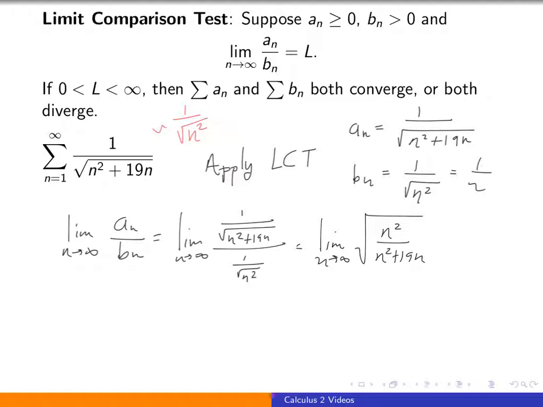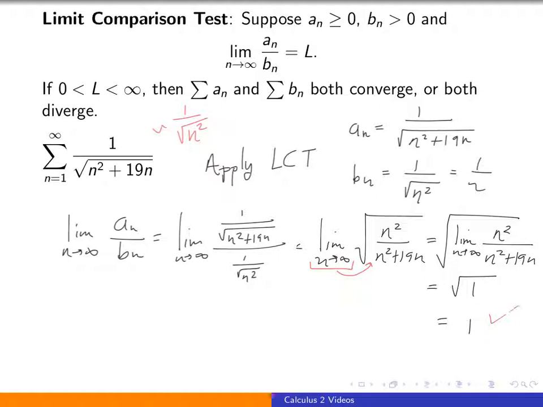And then recalling that we can take a limit and plug it inside a continuous function, we can put that limit inside the square root, and we can write this as the square root of the limit as n approaches infinity of n squared over n squared plus 19n. Degree 2 over degree 2, so we divide the leading coefficients, and the value of this limit is 1.